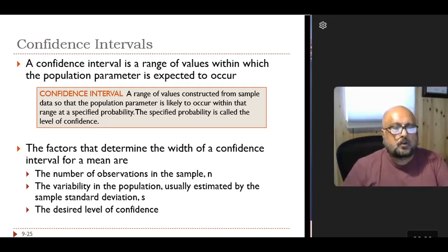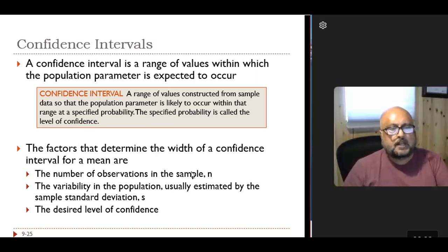The way this is defined is a range of values constructed from sample data so that the population parameter is likely to occur within that range at a specified probability. The specified probability is called the level of confidence. That's why it's called a confidence interval.